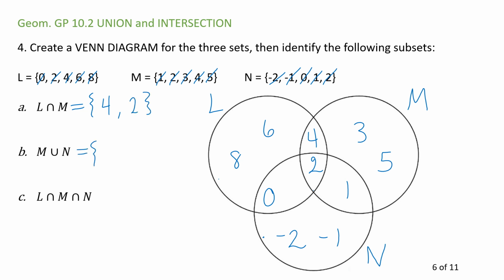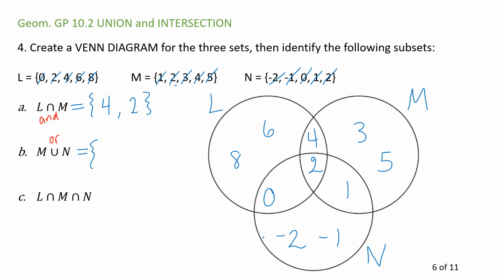Again, be careful. I'm looking for everyone that's in M or everyone that's in N. Remember, this is an and, this is an or, even though I said it wrong. I want you if you're in M, that's going to be everyone in M. I'm going to list them right quick. 1, 2, 3, 4, 5. But then also turn around and list everyone that's in N. The thing is, though, I don't want to list anyone twice because that would be foolish.